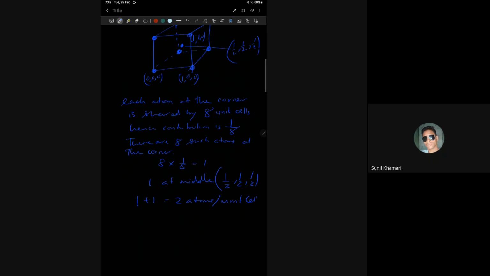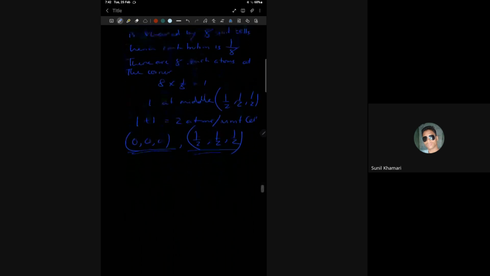We can imagine that one is at 0, 0, 0 and another is at half, half, half. You will say, what about the other ones? The other ones will be counted in other unit cells. So for this unit cell, we will consider one atom at 0, 0, 0 and one at half, half, half.